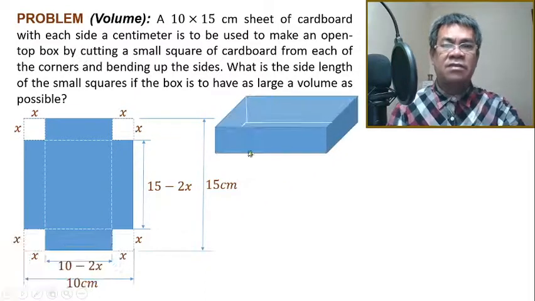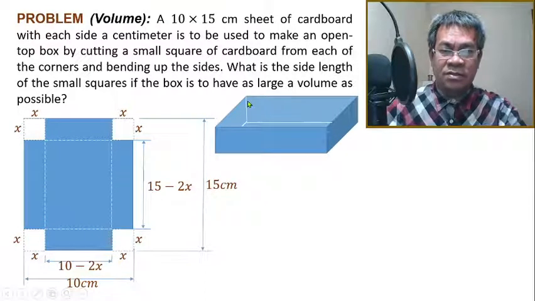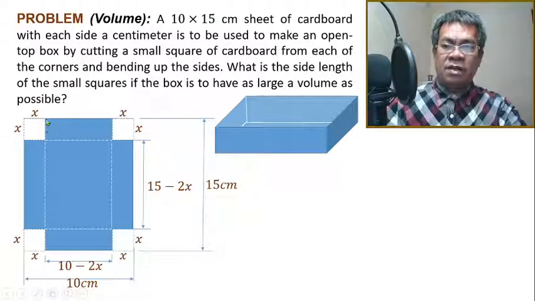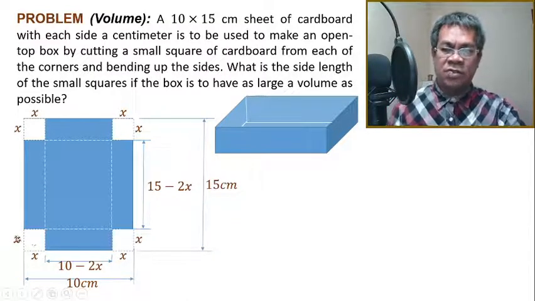Then after that, this will be the box. So take note, this is your x. This is your x. The cutting part, this part here, will meet at this corner, or this side also. So when you attach these two sides here, then you will have the open box, also with the other side.